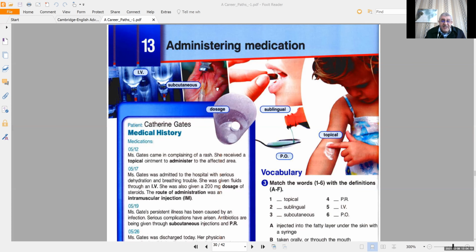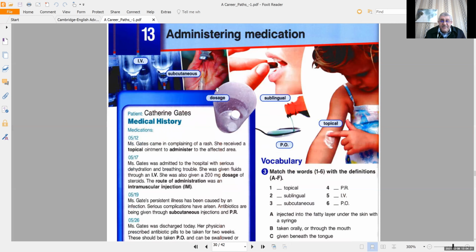As you can see here, in front of you we have different types of medications. We have dosages, and there are different types of therapies.